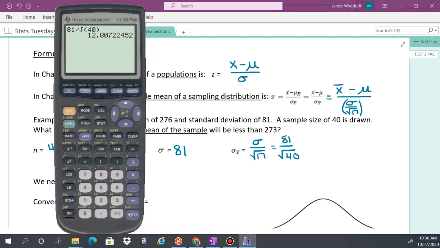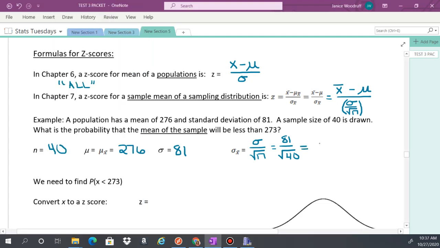And we're going to get, and we'll do 3 decimal places when we're pulling these, 12.807. So that standard deviation changes significantly. It changed from the population being 81 to now being 12.807. So it does change the calculation significantly when you're looking at a sample.